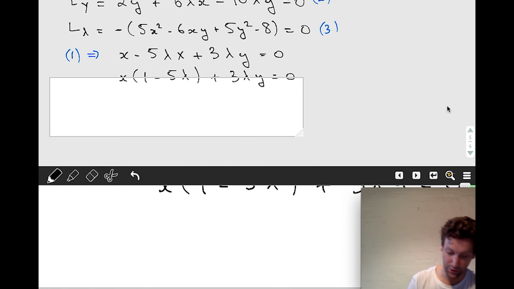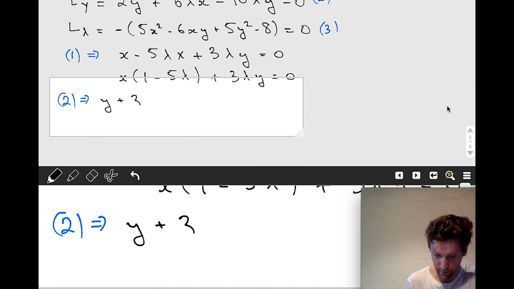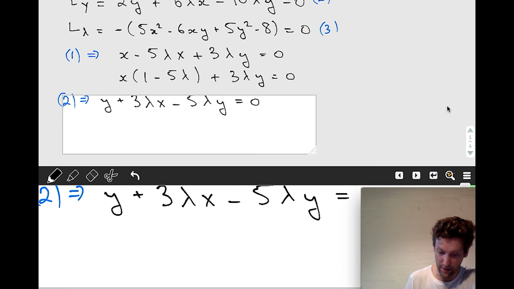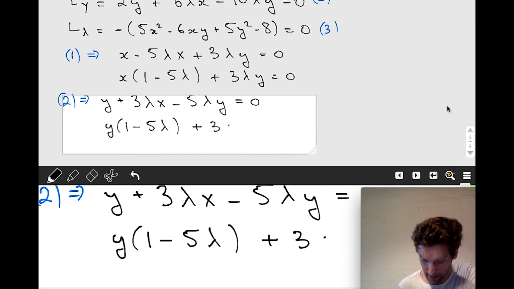Likewise, let's look at expression 2, and divide that by 2 as well, so I get y plus 3 lambda x minus 5 lambda y is equal to 0. Again, I can take out a common factor, so I'm going to take out a common factor of y: y times 1 minus 5 lambda, plus 3 lambda x is equal to 0.